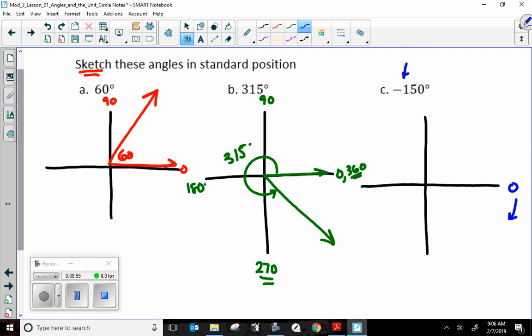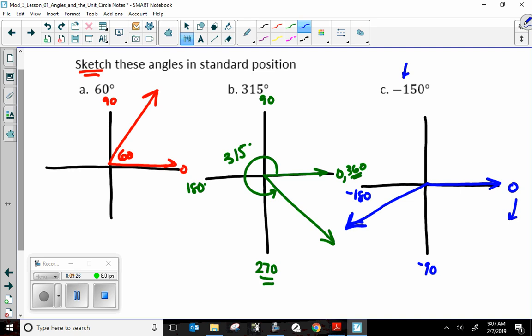So this would be negative 90, and this would be negative 180. Negative 150 is in between those two values. If I start at 0, negative 150 is closer to negative 180 than it is to negative 90.